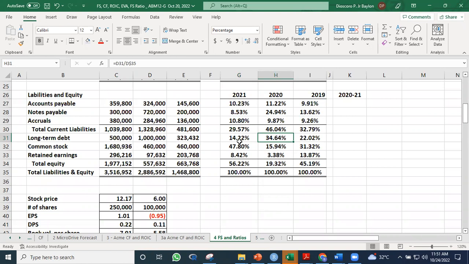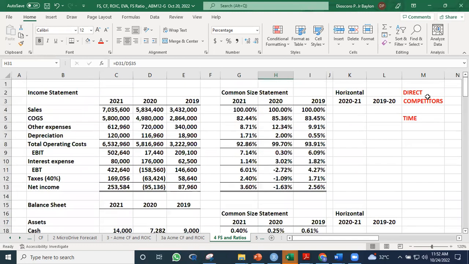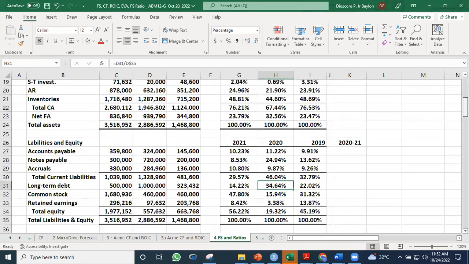So maganda ba siya? Again, we cannot just answer that directly. Kailangan tingnan natin yung some more details. All we can say is that long-term debt went down from 34% to 14%. Ang question, ano yung average dun sa industry? So that can be a question.